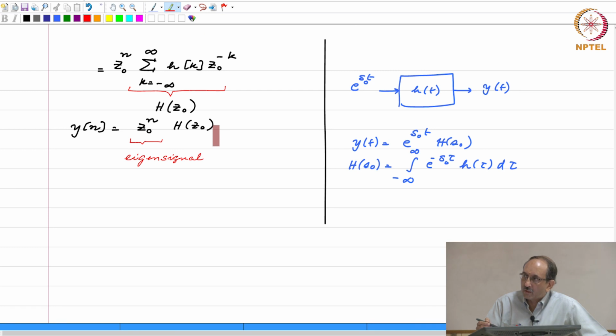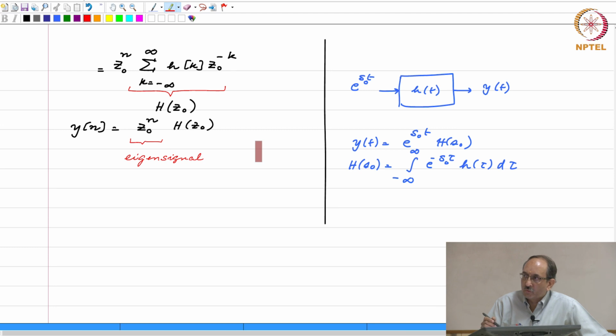Here z also is a complex number, right? And so both Laplace transform and Z transform are complex functions of complex variables, right? And merely calling the independent variable as s does not make h of s the Laplace transform, whereas calling it as h of z does not make it the Z transform.